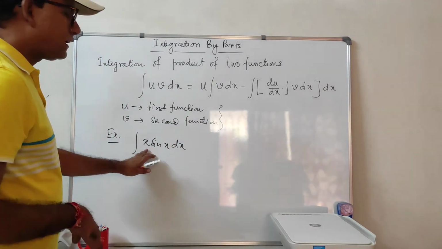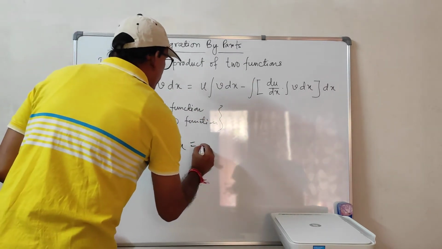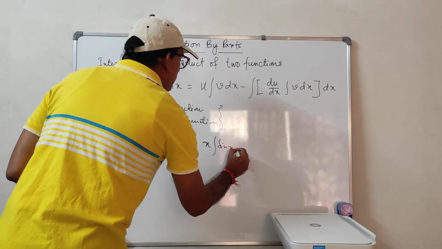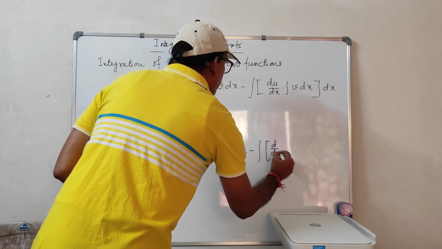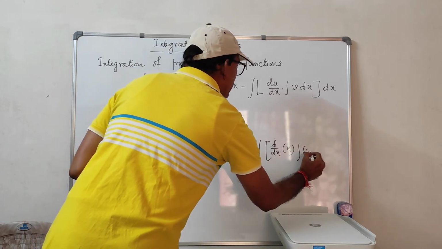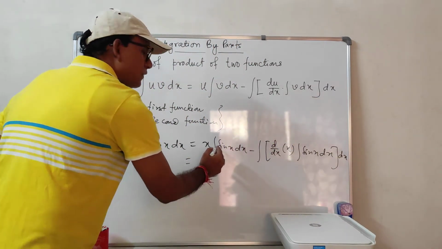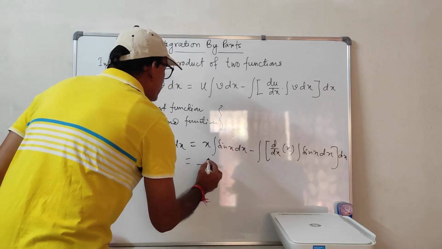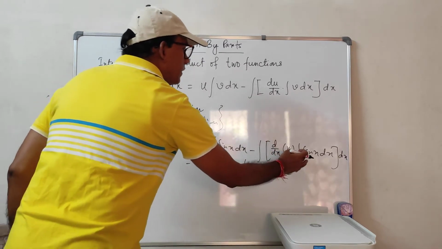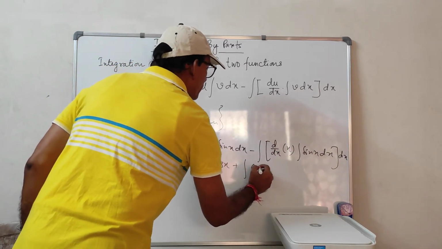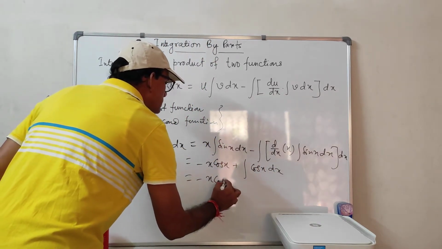First we take x as the first function and sin x as the second function, and apply this rule. x integration sin x dx minus integration of d/dx of x, integration sin x, whole dx, and then the integration of sin x is minus cos x, you know very well. Minus x cos x minus, this is 1, this is minus cos x, plus cos x dx equals minus x cos x.